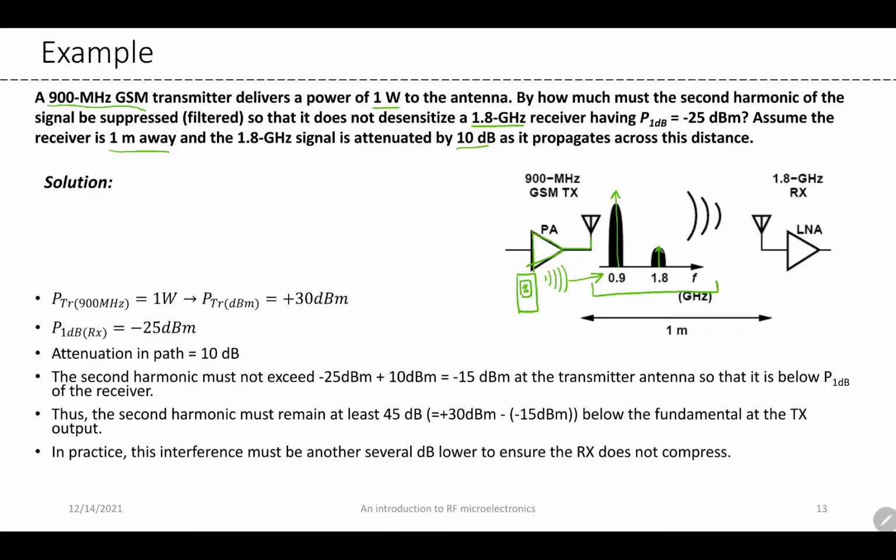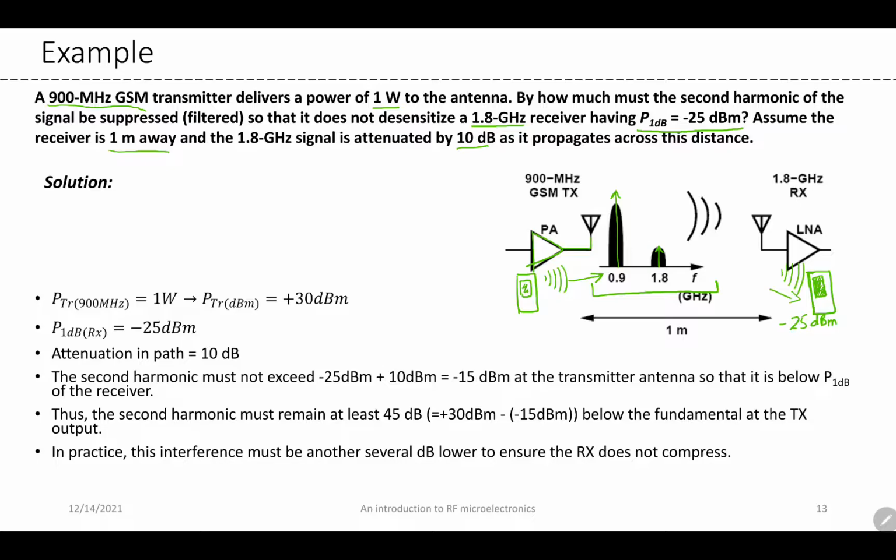Now there is another phone which is trying to receive signals. The receiver of this phone has a 1 dB compression point of minus 25 dBm, right? So if an input signal of minus 25 dBm comes in, the receiver will be at the 1 dB compression point.